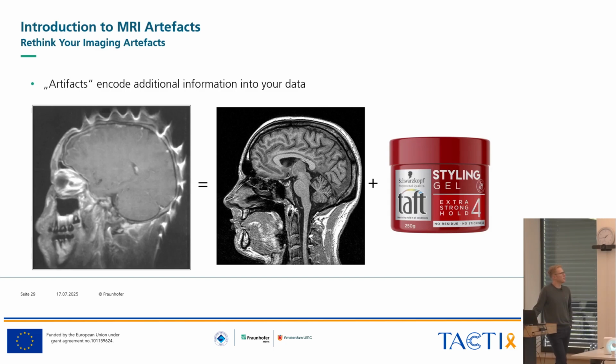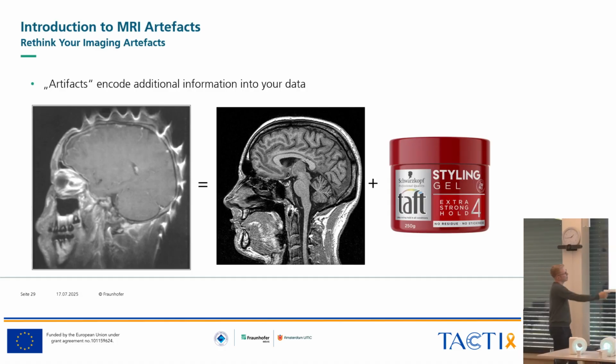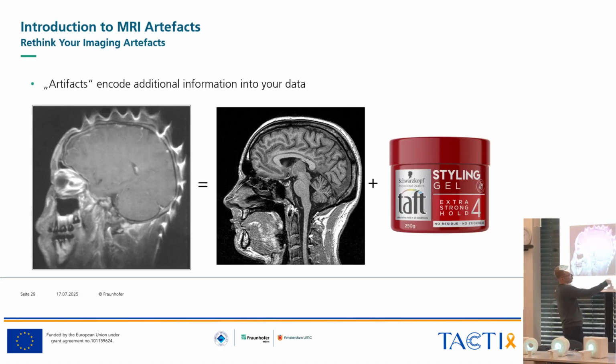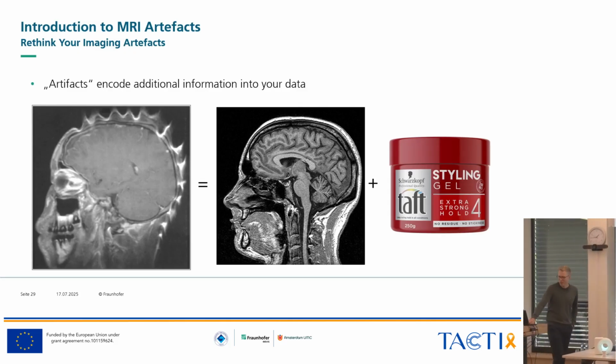But artifacts also tell you quite a lot about the object or subject inside your scanner. For example, in this case, this tells you that this is a brain image, and you have this hair gel applied.